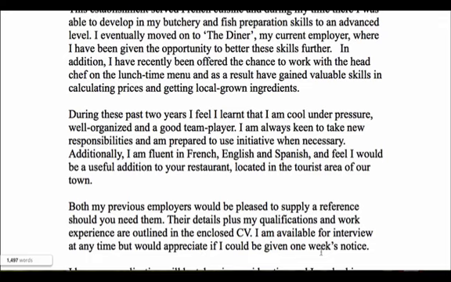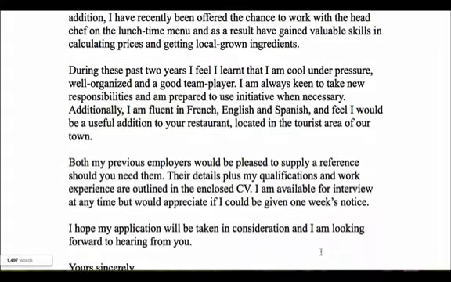During these past 2 years, I feel I learnt that I am cool under pressure, well organised and a good team player. I'm always keen to take new responsibilities and am prepared to use initiative when necessary. Additionally, I am fluent in French, English and Spanish, and I feel I would be a useful addition to your restaurant located in the tourist area of our town.